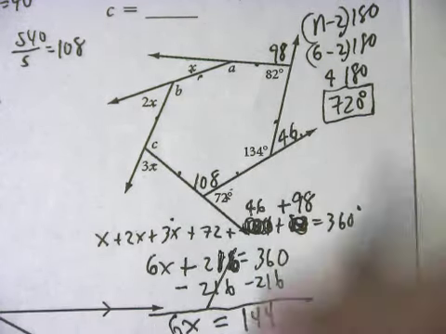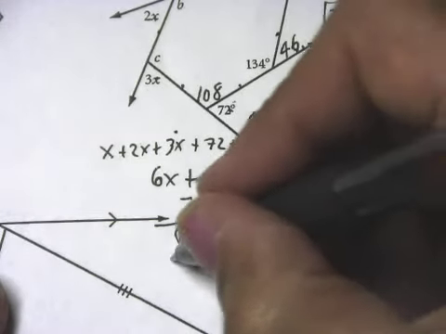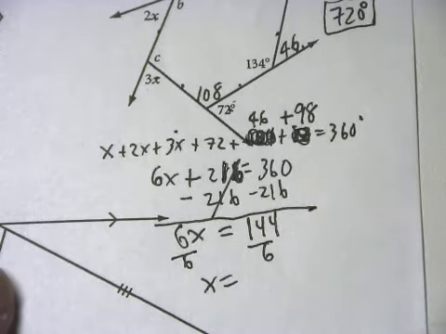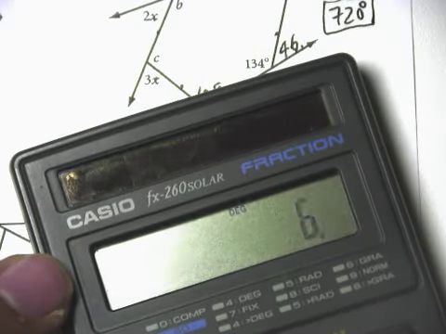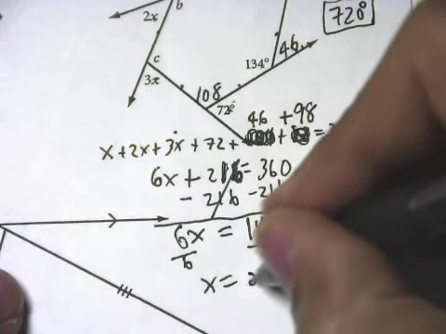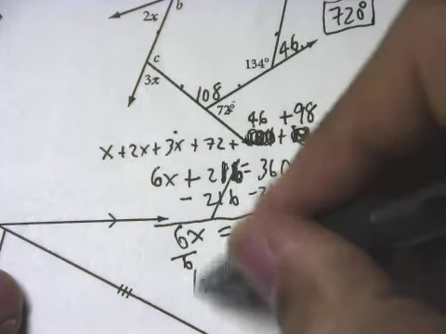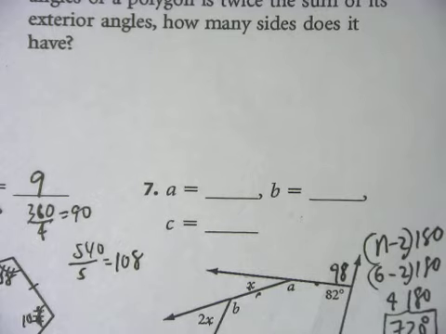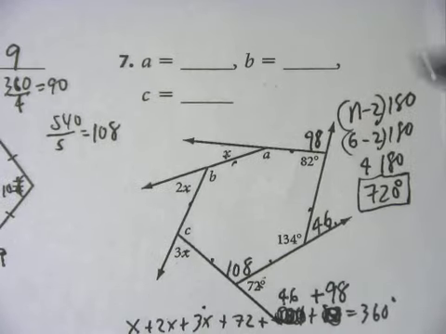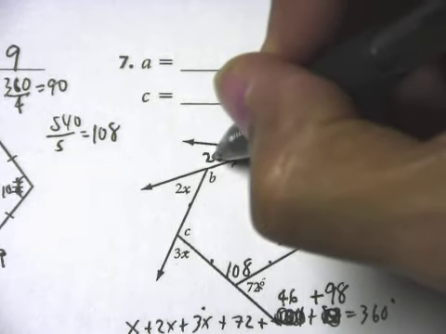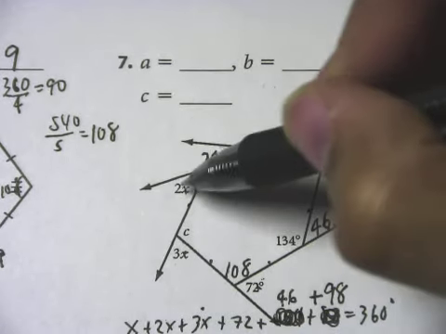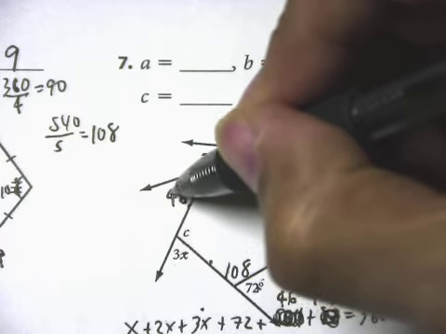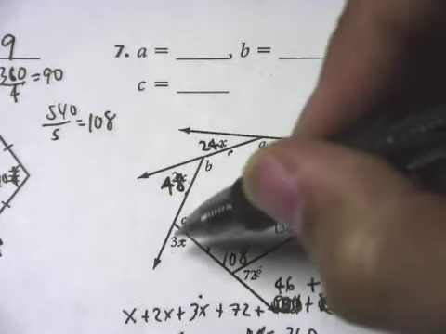So now, subtract 216 from 360. So x is 24. So now we know that x is 24.